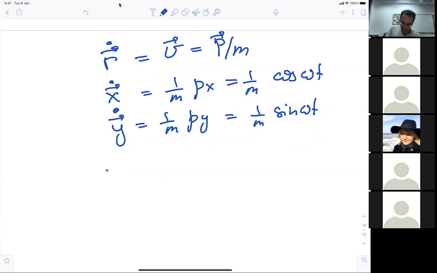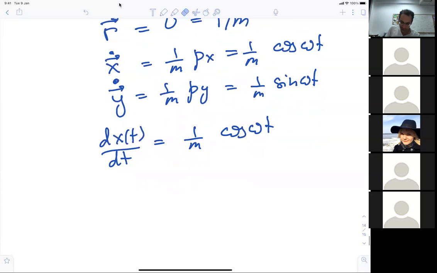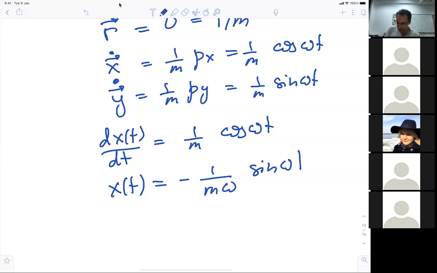We need to solve an equation: the derivative of x with respect to t is equal to 1 over m cosine omega t. The solution of this equation is, of course, x of t is equal to 1 over m omega sine omega t plus x0.